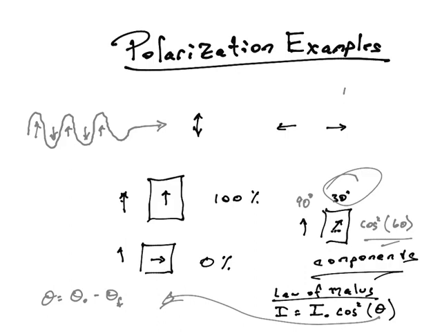It's always the difference between the angle of the light currently and the angle that you're trying to go through. And that's the law of Malus. If you want to know how much gets through, you say, how much intensity do I start with? And then I multiply that by the cosine squared of that difference in angles. And if I have multiple filters, I just keep multiplying by the cosine squared for each filter.